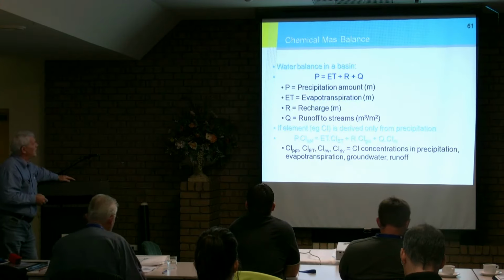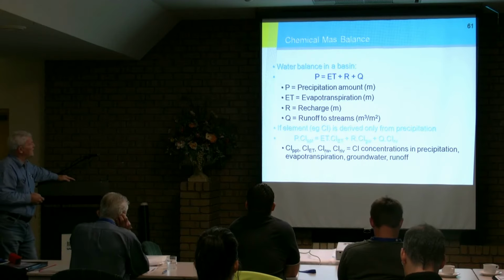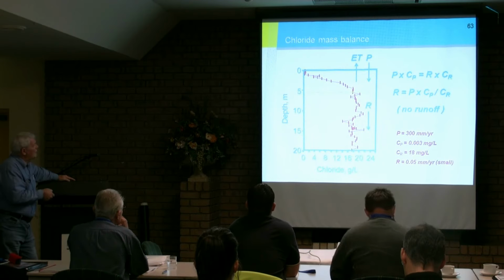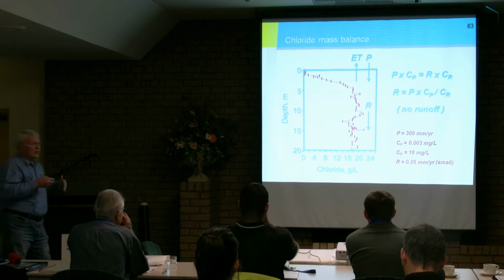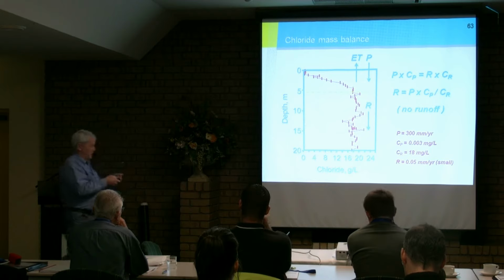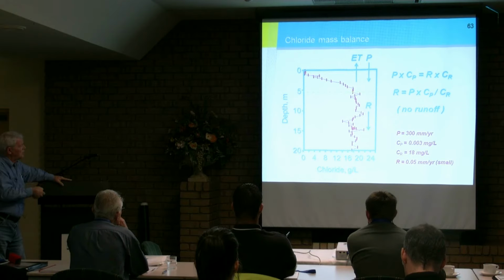Chemical mass balance is also important. I think this may be more important in some of your areas here, but I'll show you very briefly what it's doing. If we have rainfall coming in and we're using chlorine as the indicator, chlorine won't be lost as evaporation occurs. So if we assume in some of these dry areas that all the rainfall is working its way through, some of it's going to be lost with evapotranspiration, but with that evapotranspiration the chlorine is left.